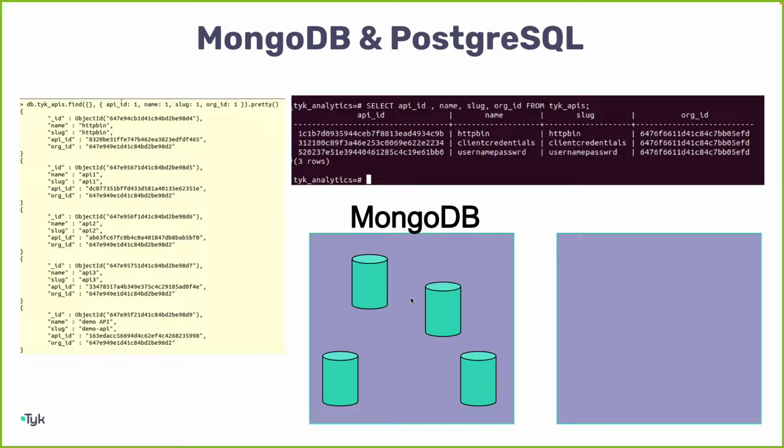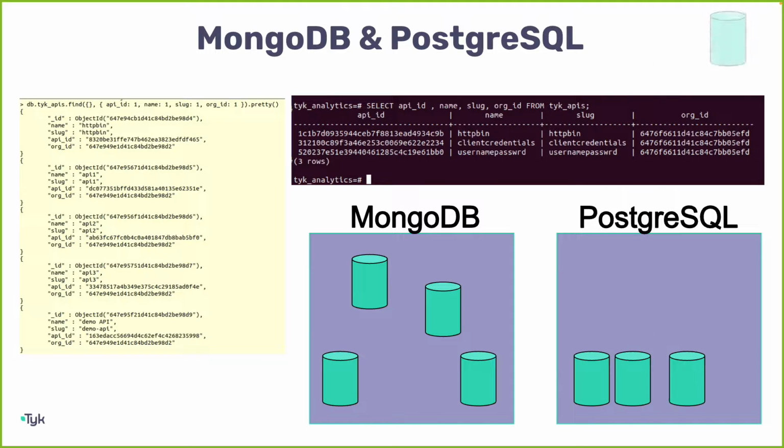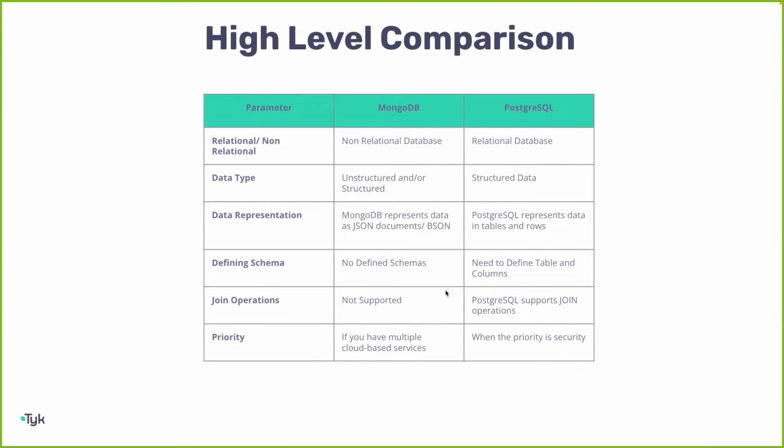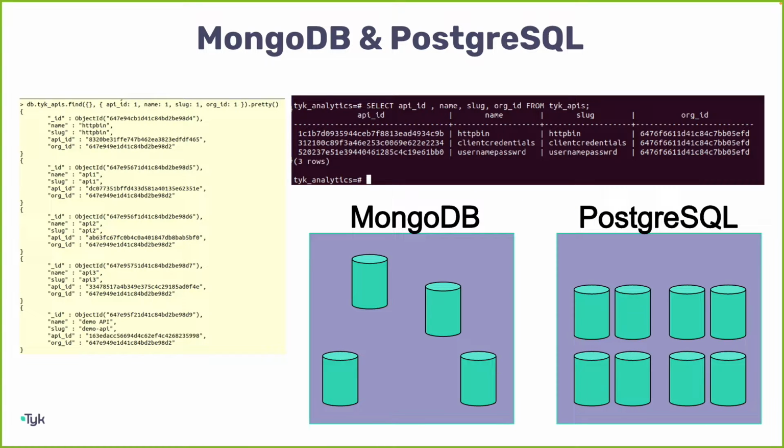However, Postgres is a relational database management system, RDBMS, and it follows a structured and predefined schema for data storage that ensures data integrity, enforces relationships, and enables efficient querying of the data itself.